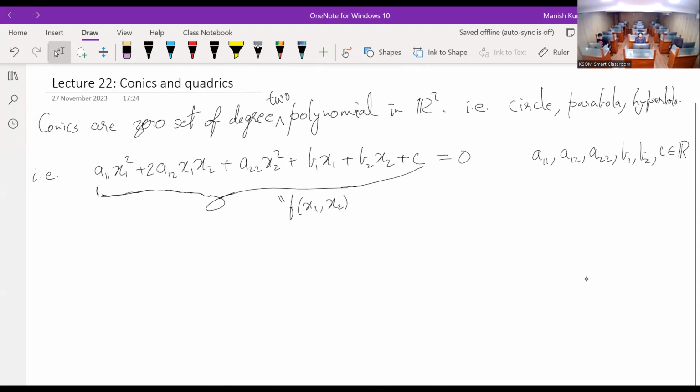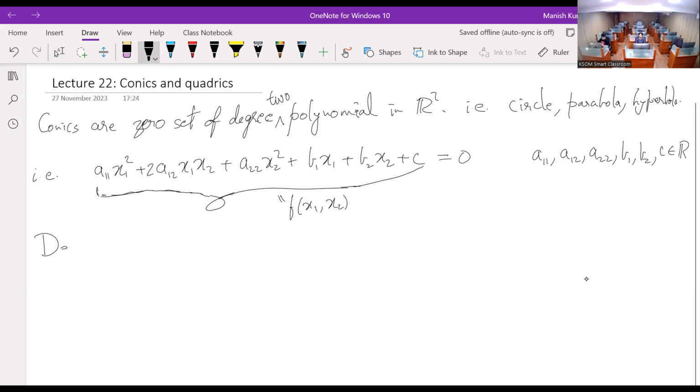So there are some degenerate conics and there are some non-degenerate conics. Non-degenerate conics will look like circle, hyperbola, parabola, but there are some degenerate conics, and they don't look like what you typically expect. Some of them are not nice.